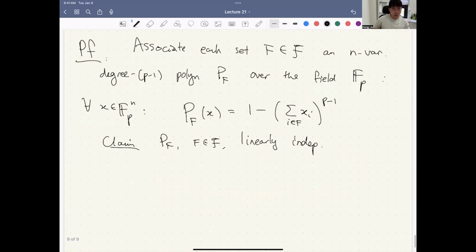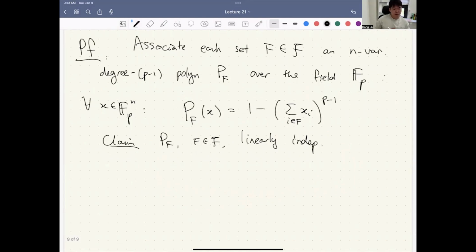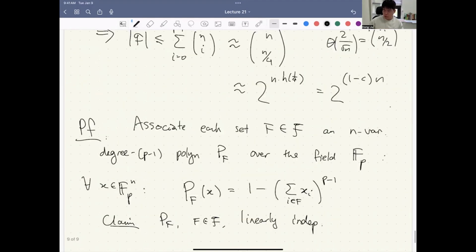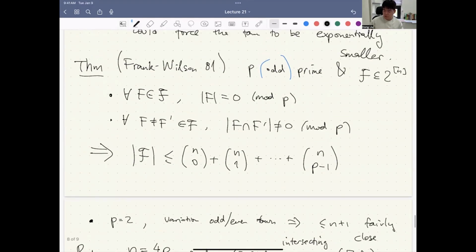This is also not hard to verify. So what do we know using our hypothesis? You take two elements in our set. Their intersection size is non-zero mod p when they are different. When they are the same set, the intersection is just the cardinality of the set. Then it becomes 0 mod p.